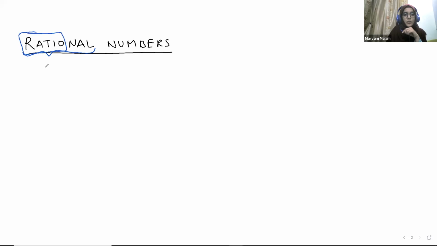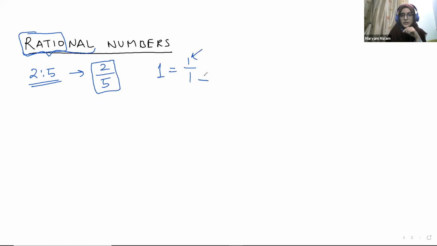And what is ratio? For example, if I say 2:5, this is a ratio. This can also be written as 2/5. So let's say you have the number 1. 1 can also be written as 1/1. This is an integer and this is an integer.